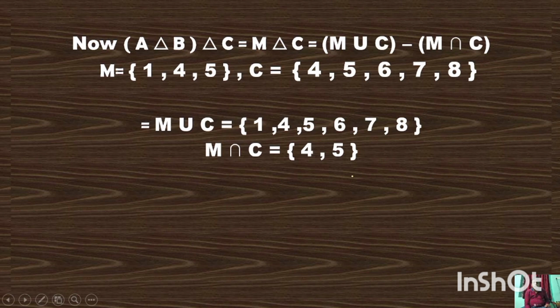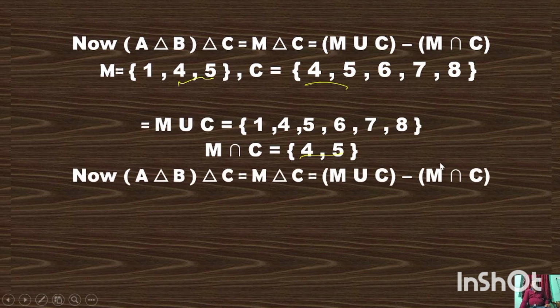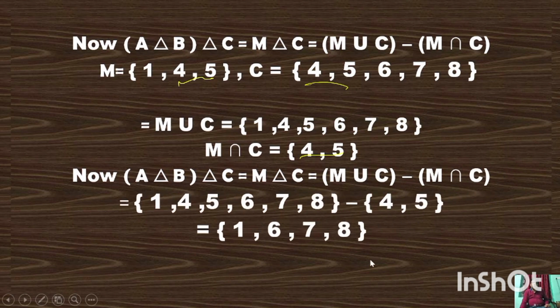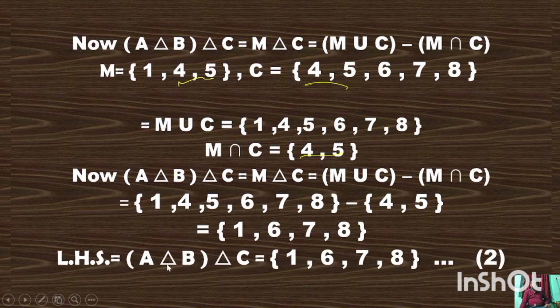So M delta C, which is M union C difference M intersection C, gives the elements 1, 6, 7, 8. Thus, (A delta B) delta C is equal to 1, 6, 7, 8.